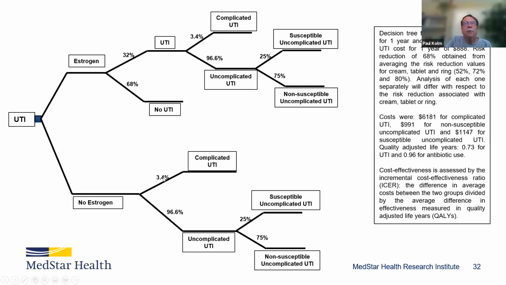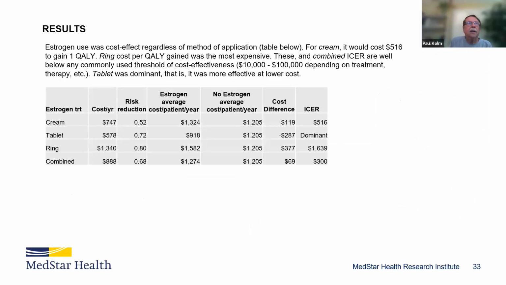So we would vary it that way, and then we would vary the cost. So for example, for a complicated UTI here of $6,000, well, what if it was actually $9,000 or $10,000? Depending on what would be a reasonable range to look at. And that's how we would do sensitivity analyses in Markov modeling.